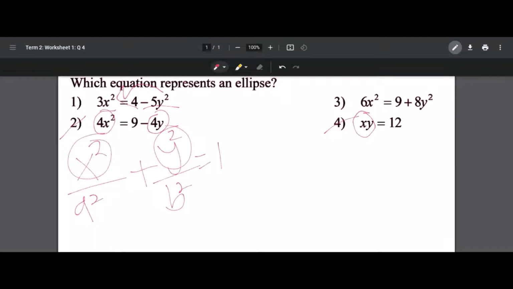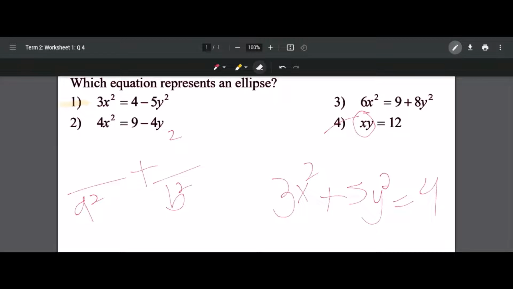So now we will have 3x squared plus 5y squared equals 4. So it's an equation of an ellipse. So number 1 is right.